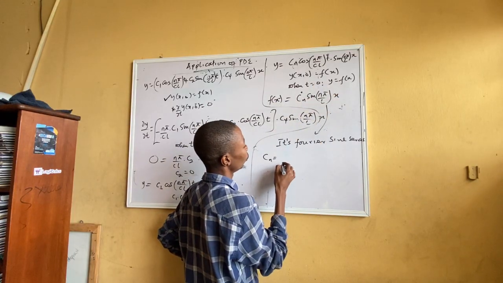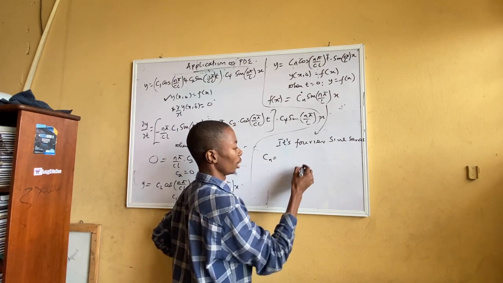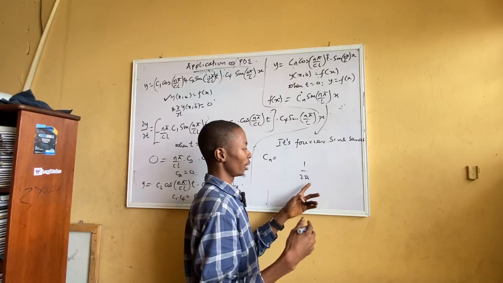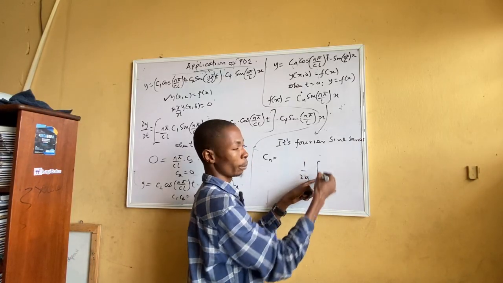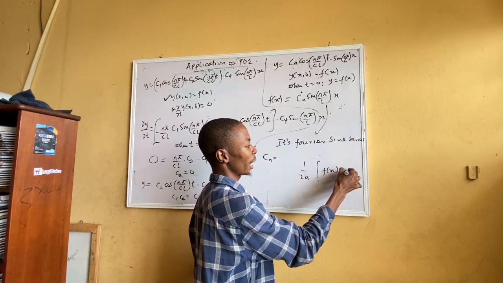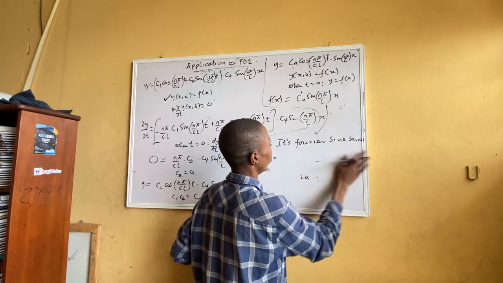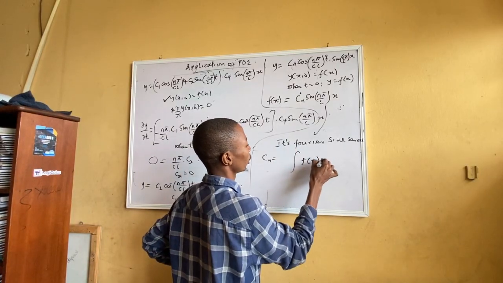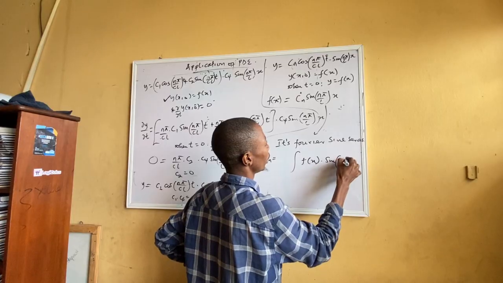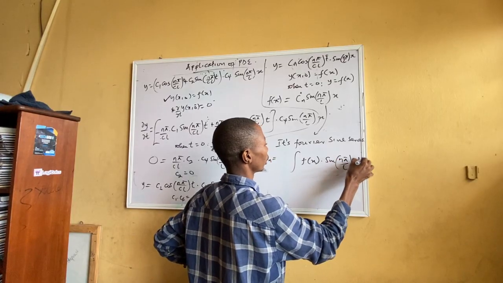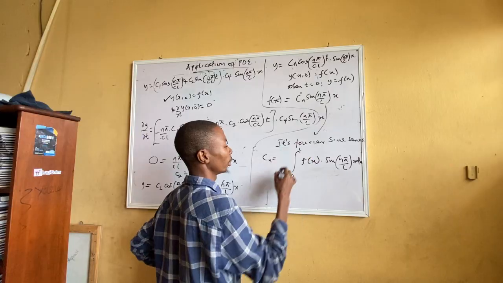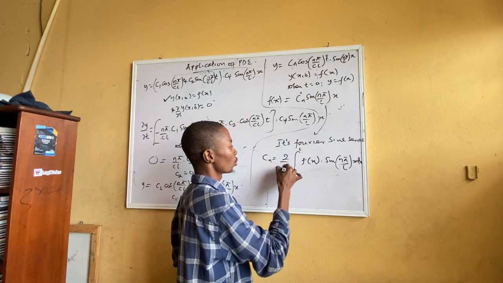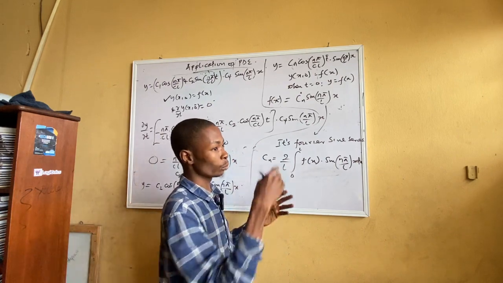So Cn is equal to, what is the formula of Fourier sine series? If the domain is from minus pi to pi, I'm going to say 1 over 2 pi integral from a boundary, f of x sine n pi x over L. So Cn will now be the integral of f of x sine n pi over L x dx, from 0 to L. And for the Fourier sine series, it is 2 over L. If it is normal Fourier, it will be 1 over 2 pi.